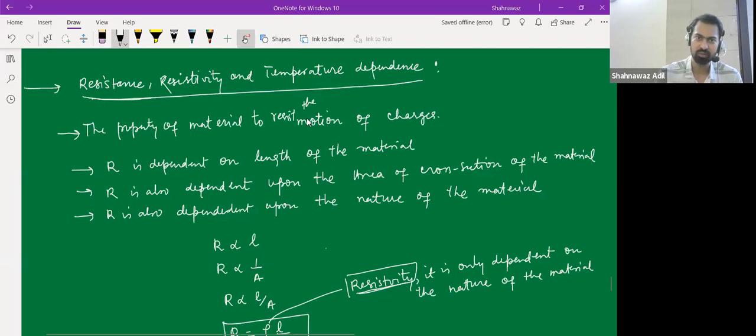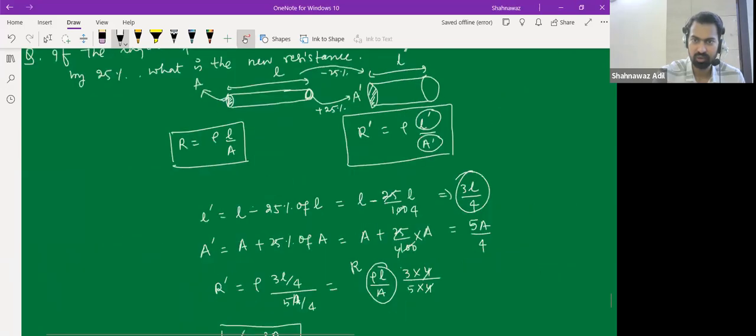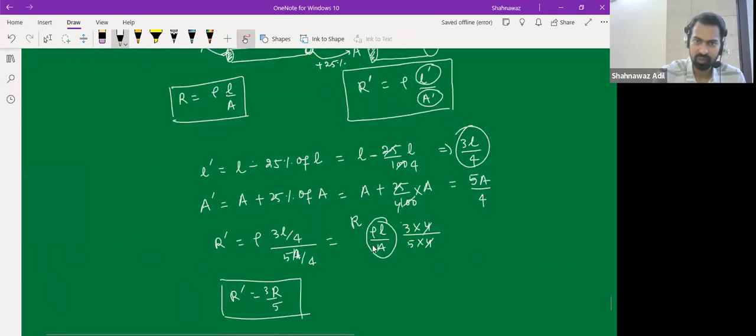5R by, oh, 5R by 3. So 5A by 4 and 3L by 4, right? So in the numerator you have 3, and this is in the denominator. So how will we get 5R by 3? You see in this way that we are decreasing the length.